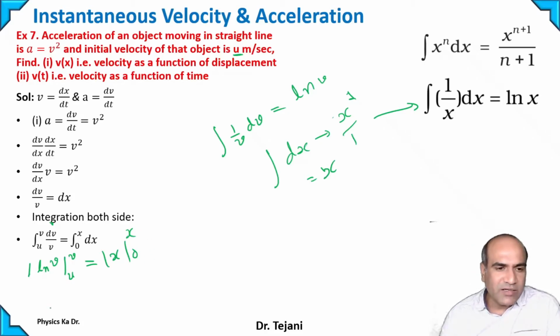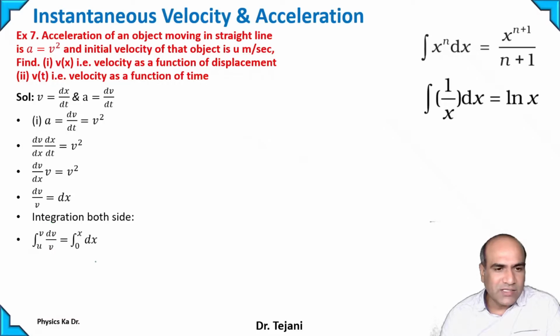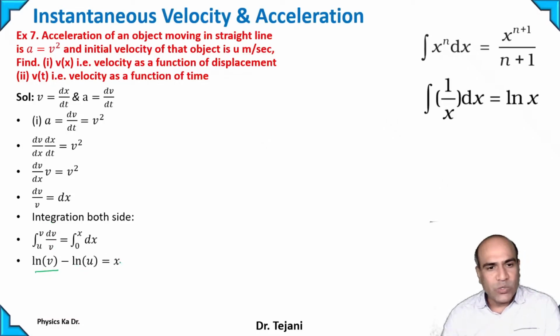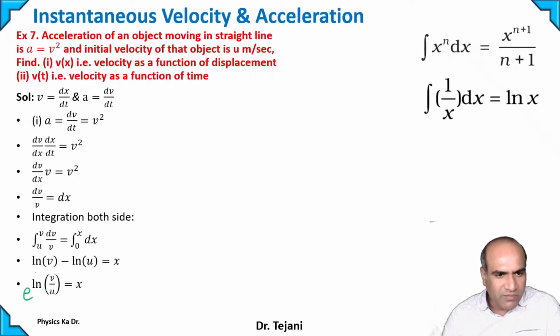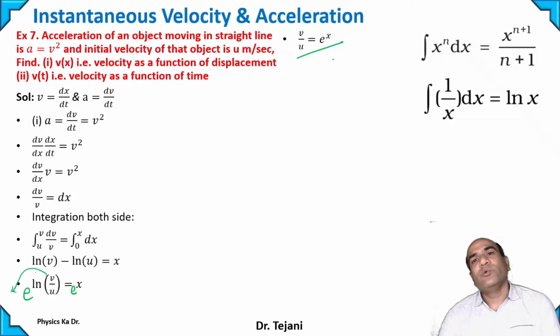So ultimately, what is our answer? ln v minus ln u is equal to x. We can write ln v minus ln u as ln of v by u. And if we want, we can take e power on both sides, so the e power ln becomes 1, and therefore it gives v by u is equal to e power x.